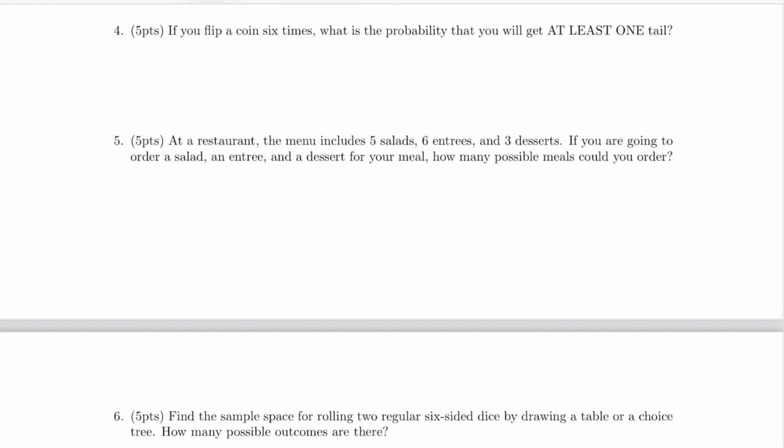We do have a formula for at least 1. The probability of getting at least 1 tail is going to be equal to 100% minus the probability of flipping a coin 6 times and getting no tails at all. Or you can also think about it as basically getting 6 heads in a row. The probability of getting a head the first time would be 1 out of 2. The probability of getting a head the second time would be 1 out of 2.